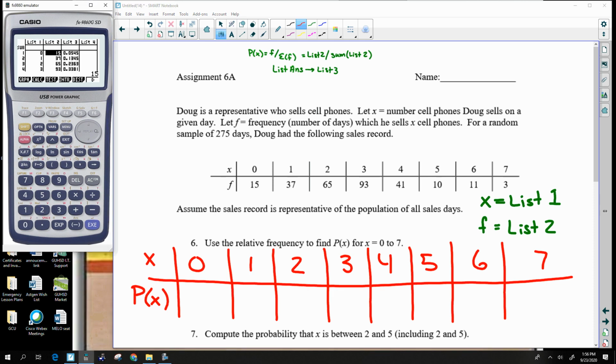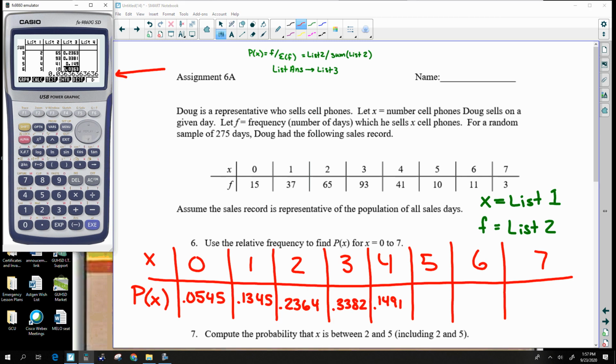So those individual probabilities should be in list 3. So I go to my calculator, take a look at list 3, and again, take a look at that bottom big fraction. Don't take a look at the fraction that is highlighted. So 0.5 4 5, 1 3 4 5, 2 3 6 4, 3 3 8 2, 1 4 9 1.